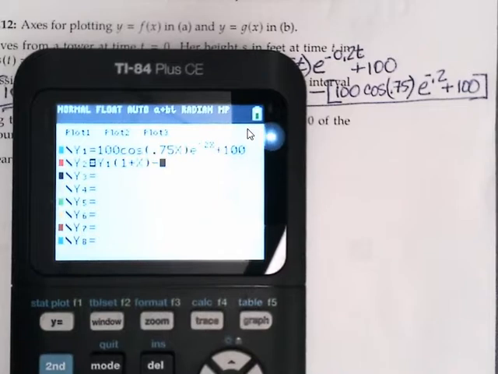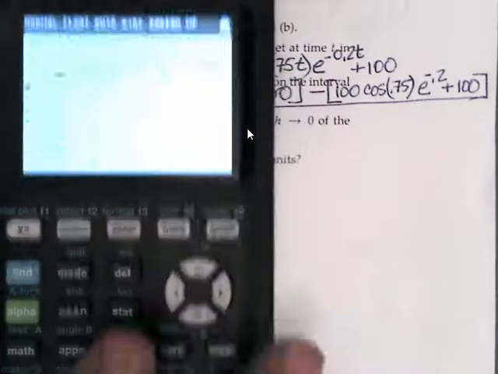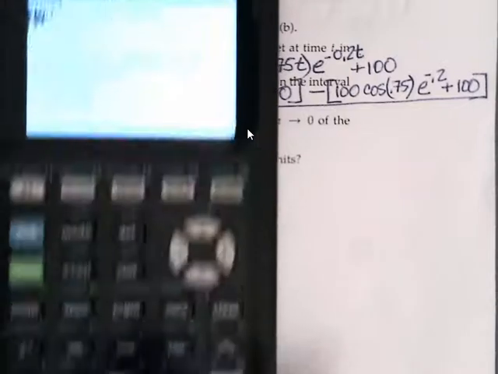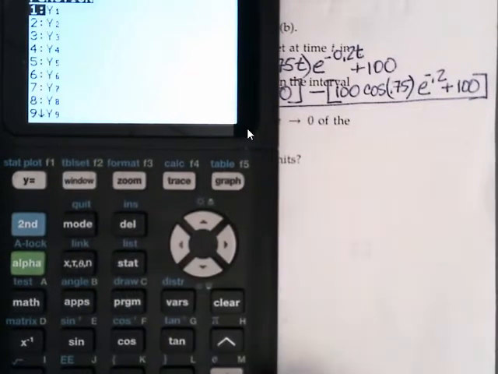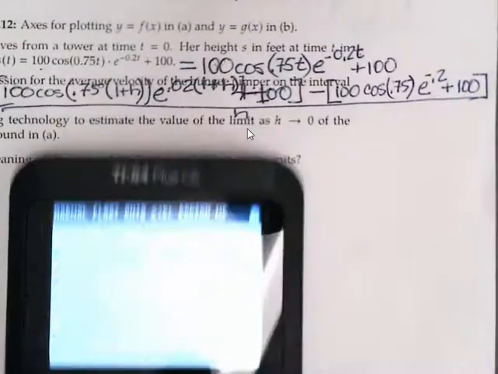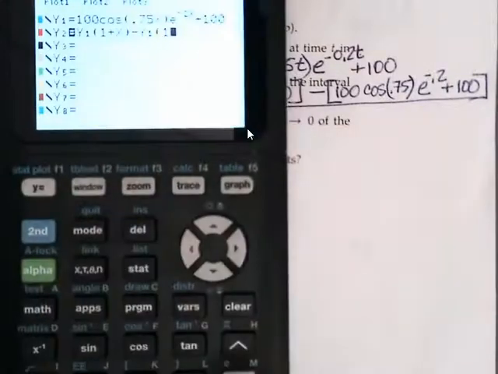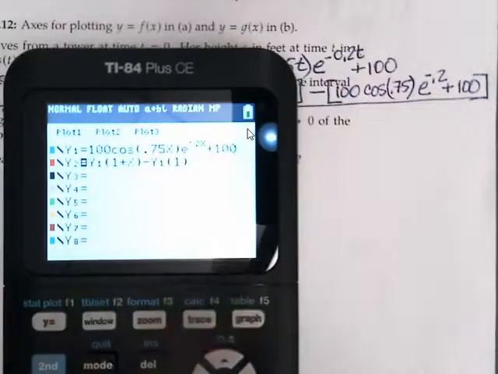Minus the y variable, y1 again, so vars, variable, function, y1 in it, and this time I'm just going to use regular 1 in it, so parenthesis 1, close parenthesis, and then all of this, so I have to put parentheses around it.